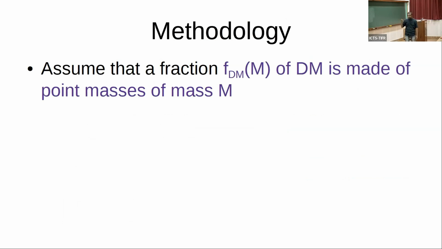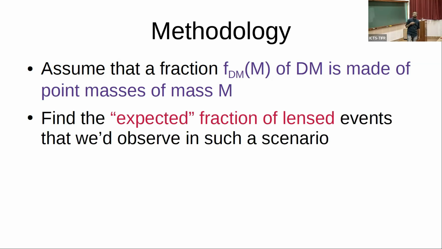So the methodology is as follows, just a more concrete description of the basic idea of if you can't see any lensing, there aren't many lenses. You assume that a fraction FDM for a particular mass of dark matter is made up of point masses of mass m. Then you find the expected lensing fraction, the expected fraction of lensed events that we would observe in such a scenario. That is, if we found, say, 100 events in LIGO, then how many of them would be lensed?